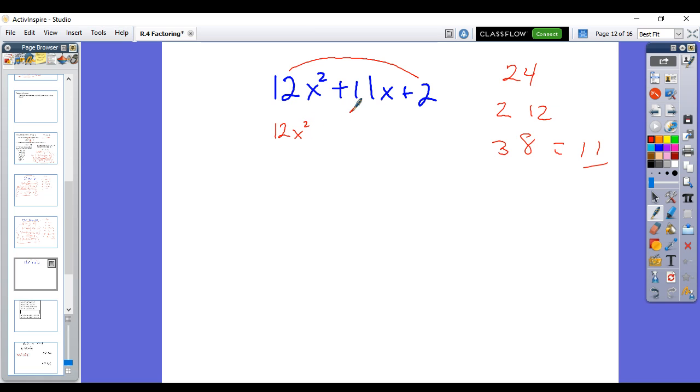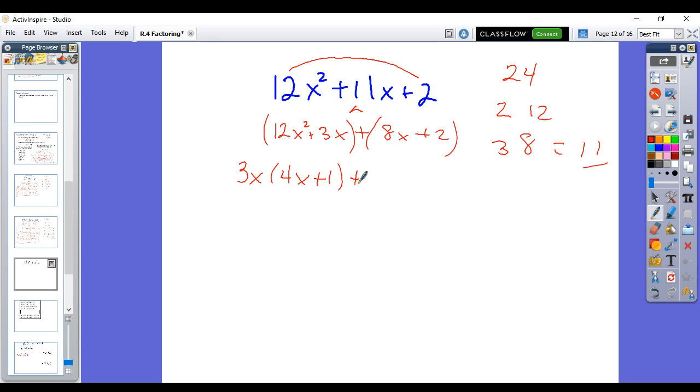12x squared, split this up to be 3x plus 8x plus 2. Put those two together, those two together. What can we factor out here, class? Yes, a 3x. Good. We get 4x plus 1. What can we factor out of here? A 2.